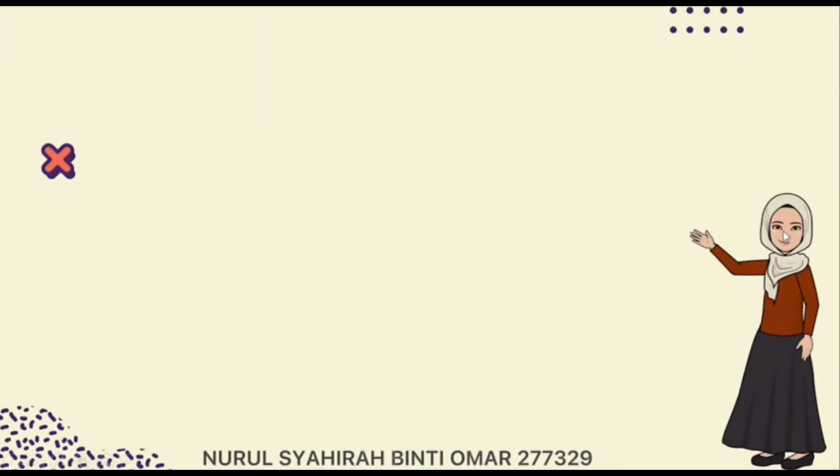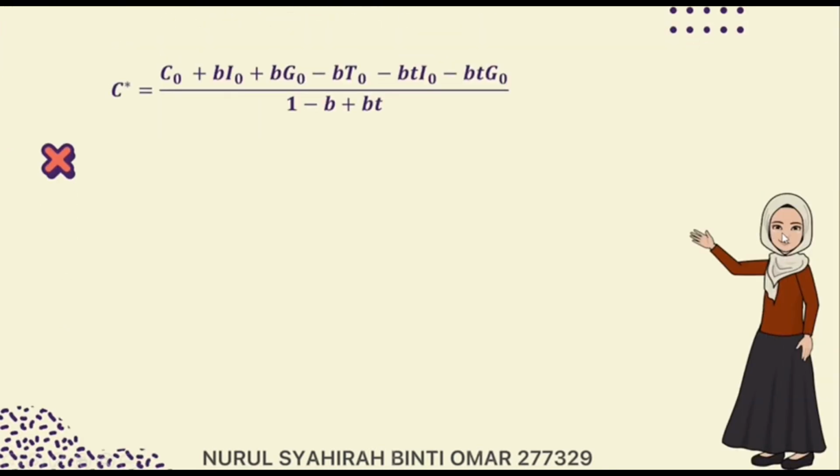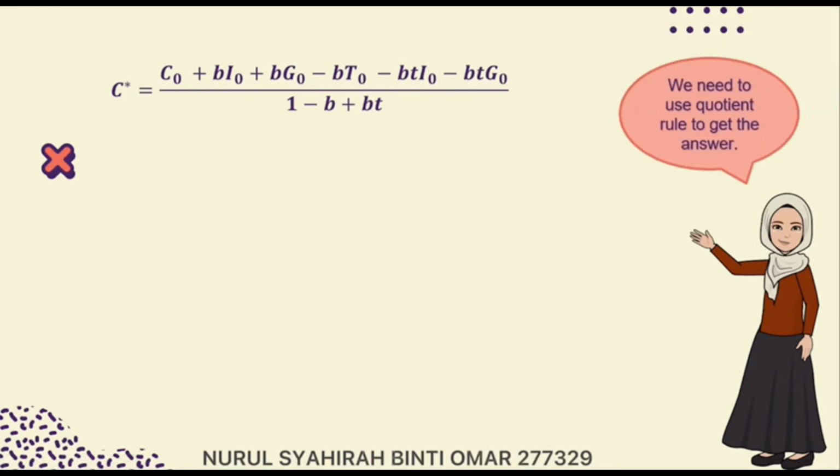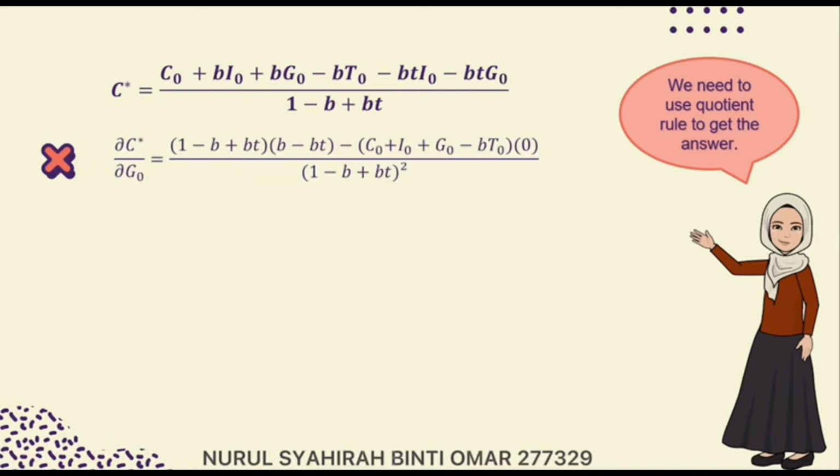So next for C star, we still use the same rule as previously, which is the quotient rule, to get the answer for delta C star divided by delta G null, and we get 1 minus B plus BT times B minus BT divided by 1 minus B plus BT in brackets squared. For this part, we cannot expand the numerator because we need to simplify the answer by dividing both by 1 minus B plus BT.